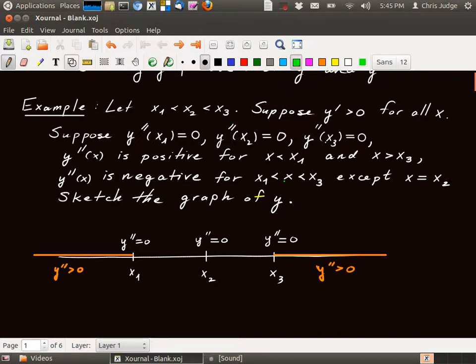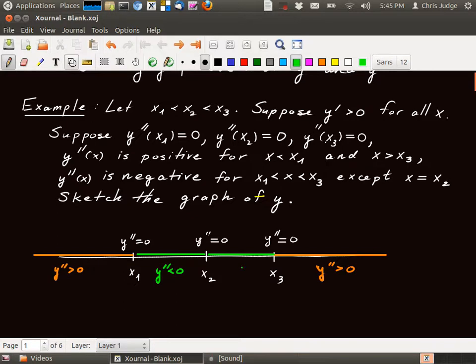For x between x1 and x3, y double prime is negative. So over here it's negative. It's actually 0 at x2, but it's also negative between x2 and x3. So between x1 and x3, it's negative with the exception of x2. So let's write that down here.